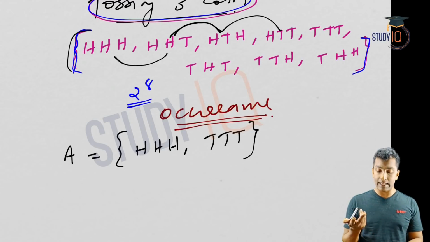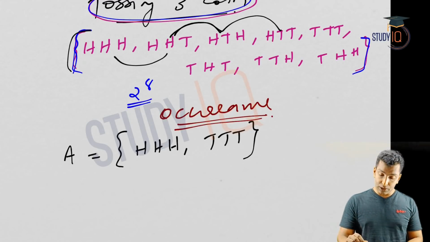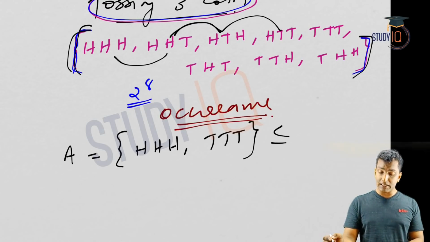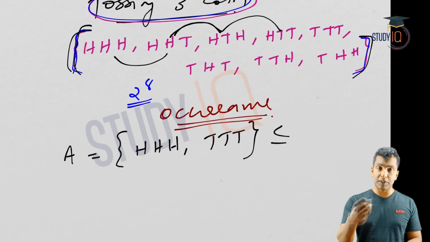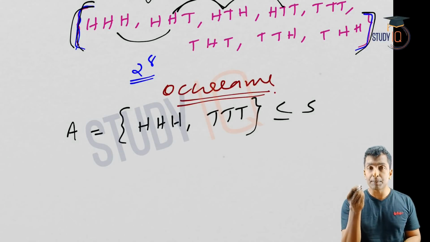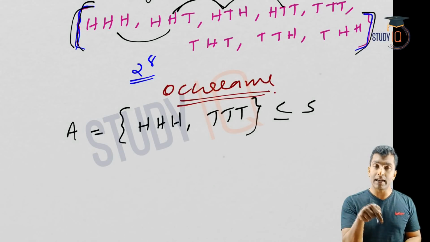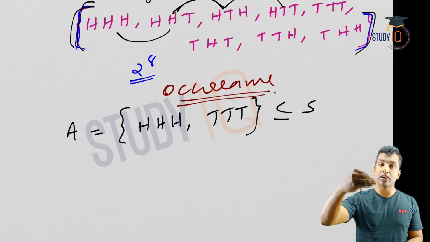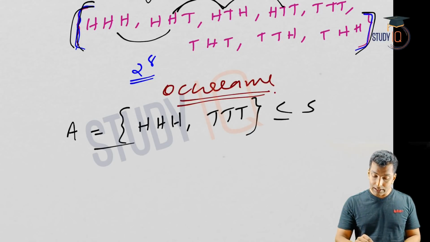So there are 2 possibilities, either H, H, H or T, T, T, right? So clearly you know this belongs to the set which we got here. This belongs to the sample space, or you can say A is a subset of the sample space. Okay, so this is clear. So if A is a subset of the sample space, alternately we can understand it as A is an event. Okay, so any subset of the sample space is an event. So this is an event.